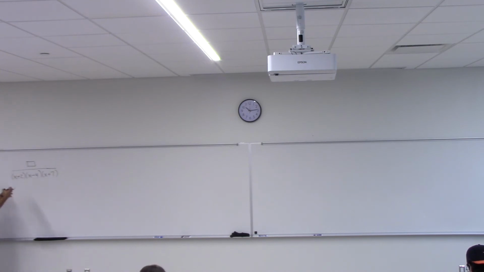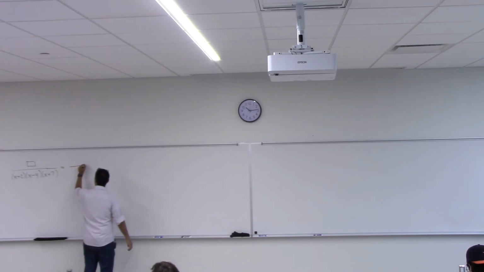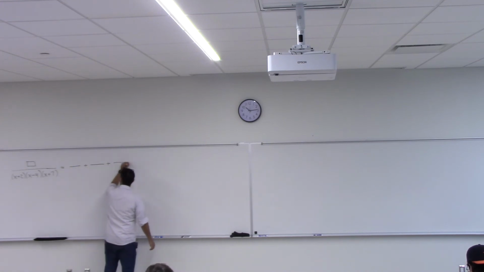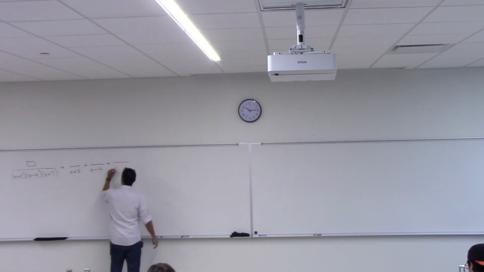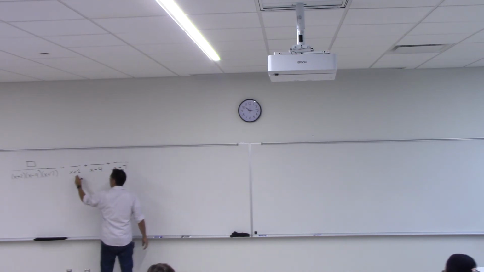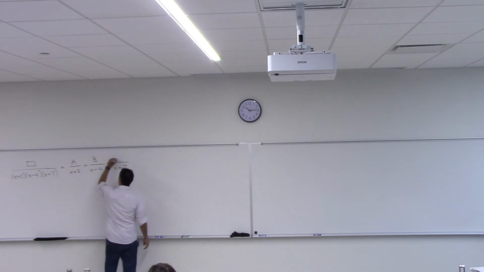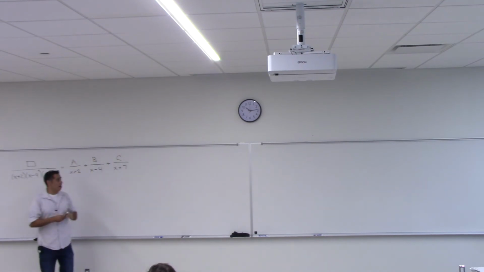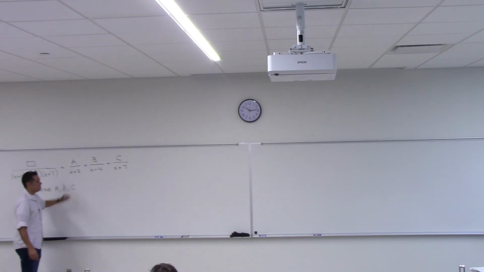If I'm going to try and break this up, for each linear factor, I'm going to create a fraction. And above each linear factor, I'm going to put some number, A, B, and C, that I don't know. And then your goal at this point is to find A, B, and C, right?